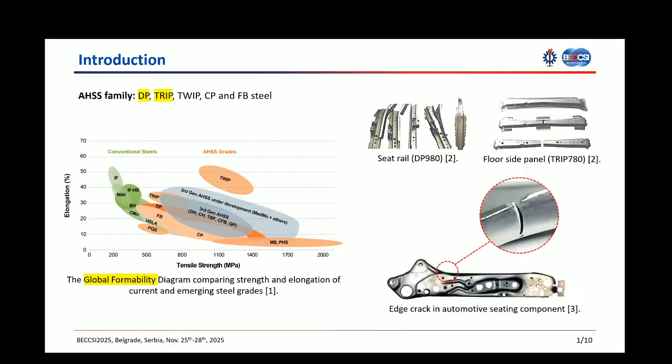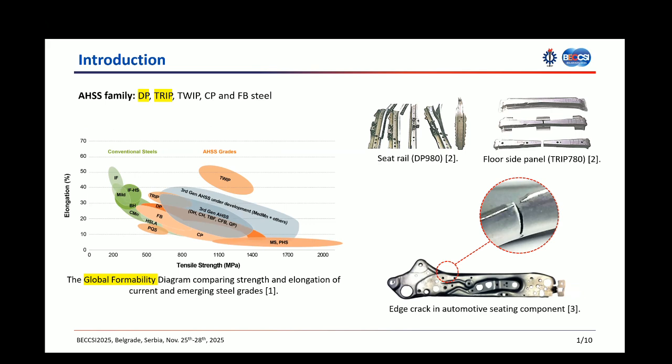As you know, advanced high strength steel, or AHSS, is a family of lightweight automobile steels, including dual phase steel or DP, transformation induced plasticity or TRIP, CP or FB steels.